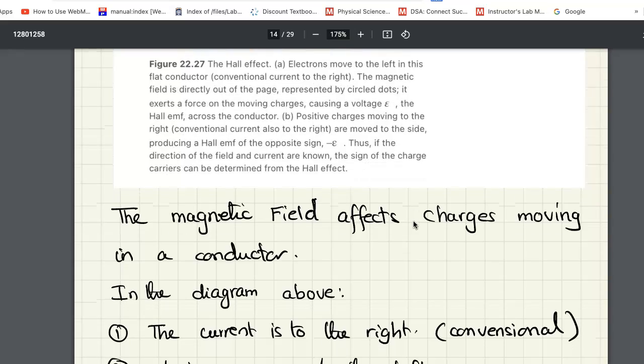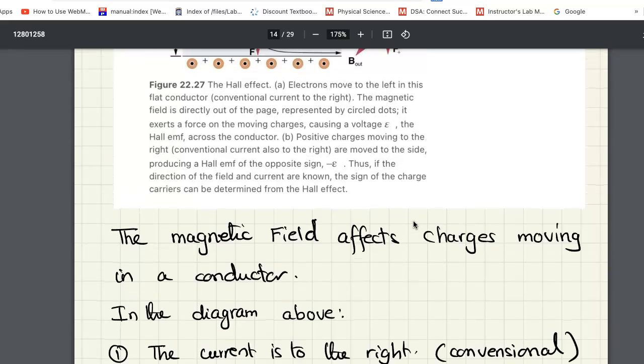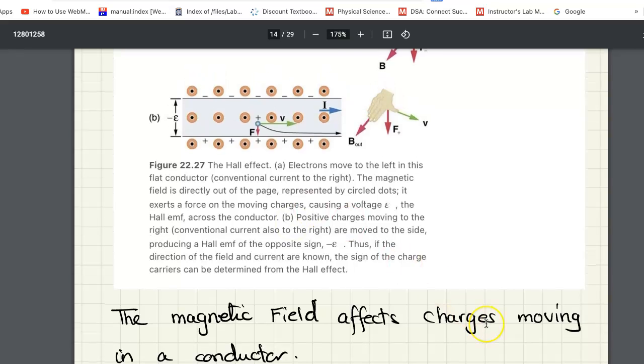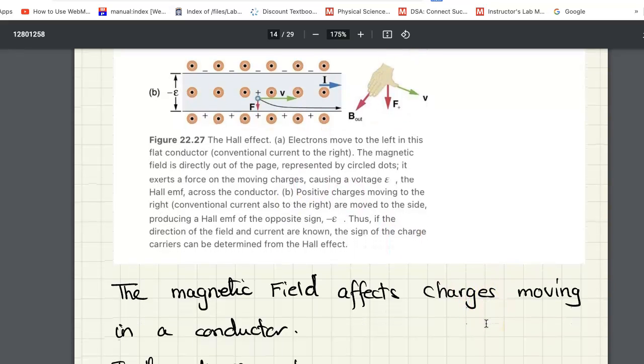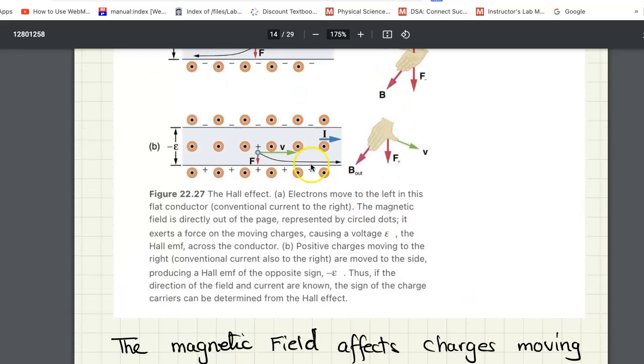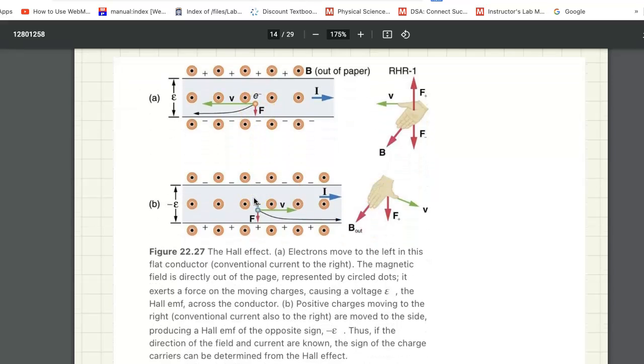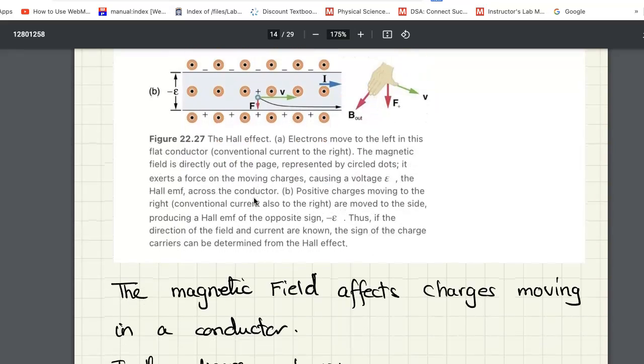Let me start from the beginning. First, the magnetic field is going to affect charges that are moving in a conductor. Here, I'm talking about the velocity. The electrons are moving to the left, and according to the right hand rule, they are going to have a force downward that is shown here.